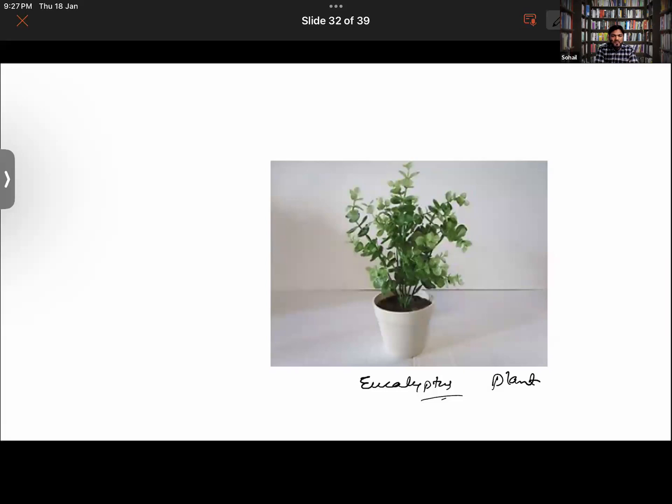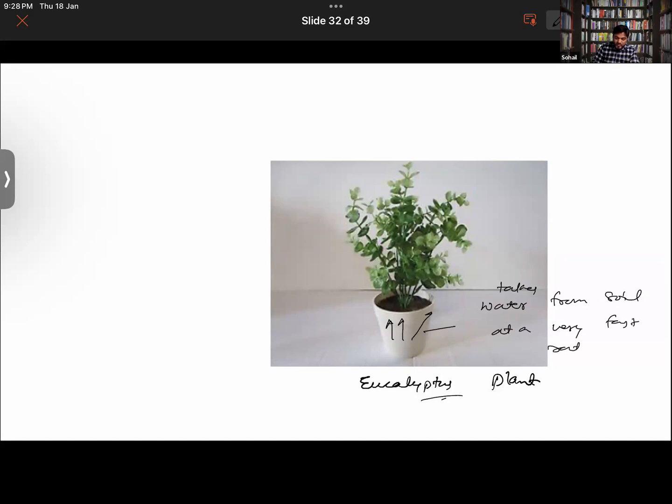Okay, actually, it has no relation with humidity. That point is incorrect. See, basically, it will be taking up water from the soil too fast, and you have to continuously provide water to the eucalyptus plant. It takes water from the soil at a very fast rate.